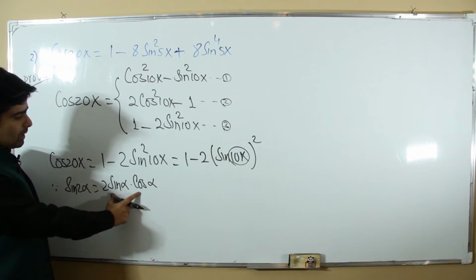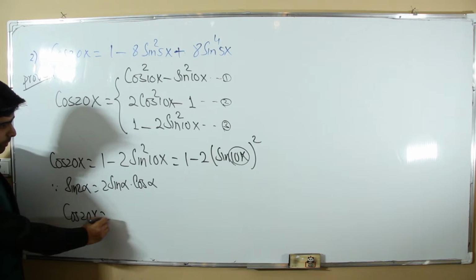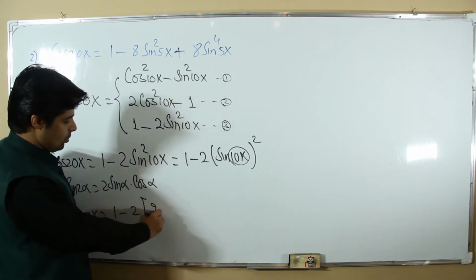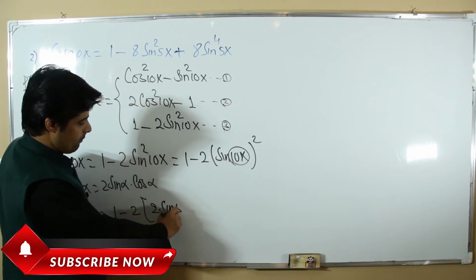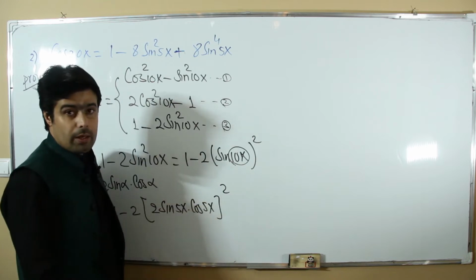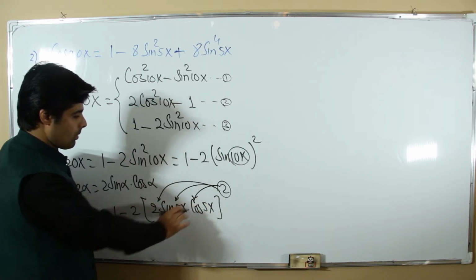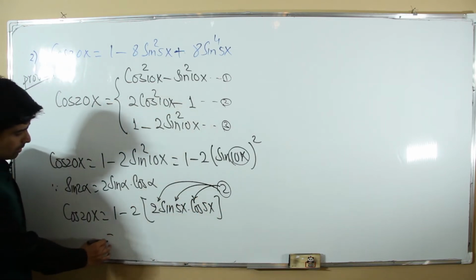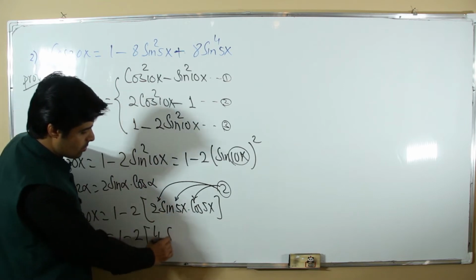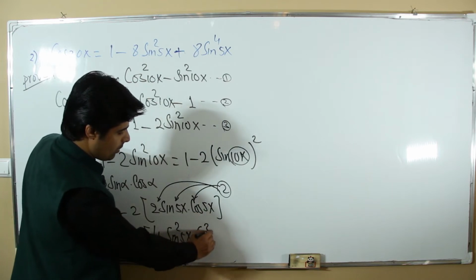The formula is 2 sine of its half, cosine of its half. So we can say cosine of 20x is equal to 1 minus 2 bracket, 2 sine of its half, 5x, times cosine of its half, which is 5x, whole square. This 2 belongs to all parts. Am I right? Yes. So we can say 1 minus 2, this 2 squared, 4 sine square of 5x times cosine square of 5x.